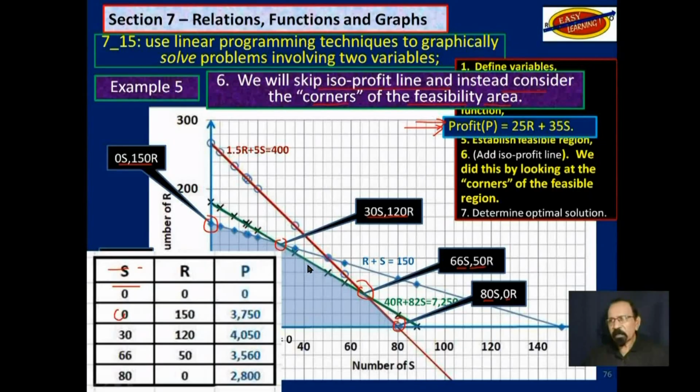At 0S and 150R, this is the amount of profit the company can make. And at 66S and 50R, that is the amount of money the company can make. So we will have to evaluate these. Now, right now you are thinking there's not much evaluation to do because you could see that you have the most profit here.